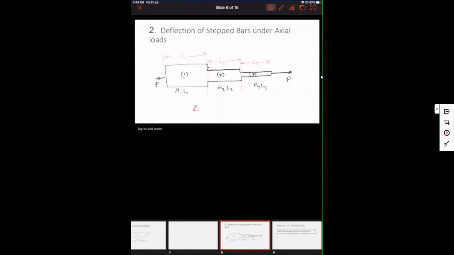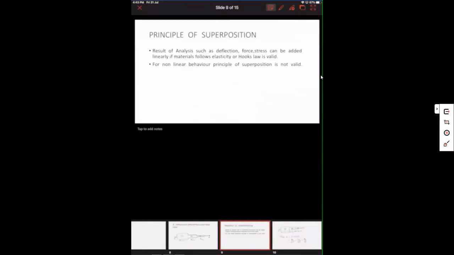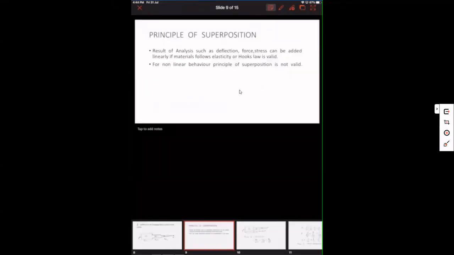To know this, let's first discuss the principle of superposition.